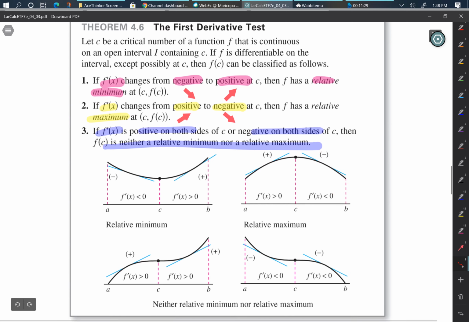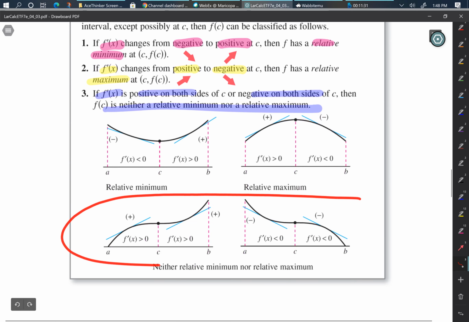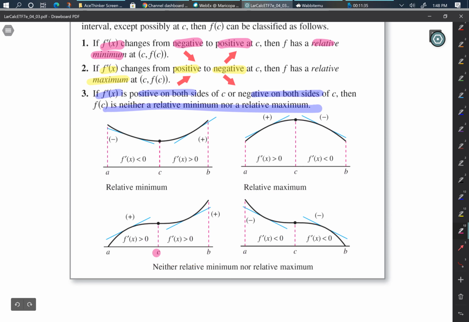Okay? These two graphs down here are number 3. This is where you have a critical number, but to the left of it you're increasing and to the right of it you're increasing. If to the left and to the right you're increasing, you went up and then you stalled for a second at that critical number and then you went up some more, that's not a max nor a min, right?